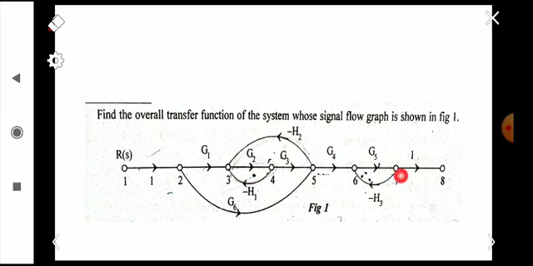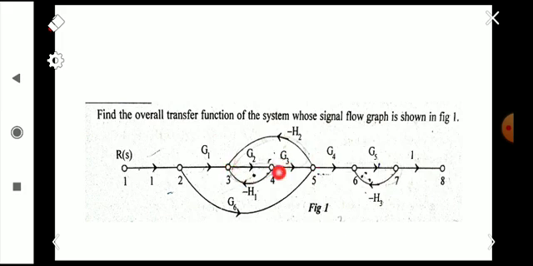For two loops to be non-touching, they should not contain a common node. So this loop and this loop are touching loops, because this branch and these nodes are common.